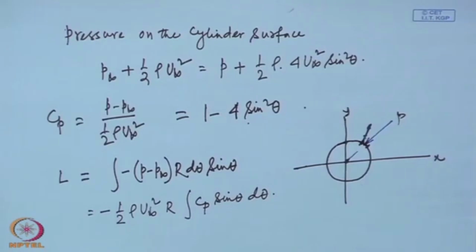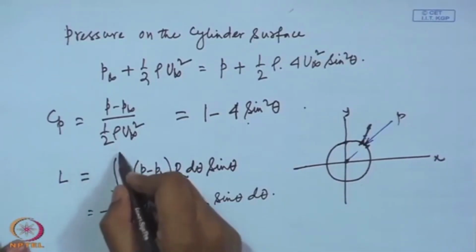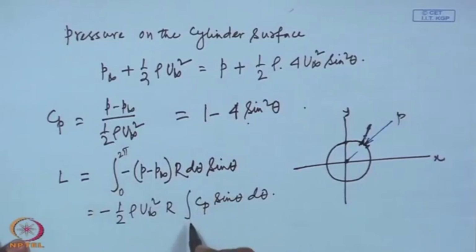Now, this C p you can integrate and see that it is 0. Integration is from 0 to 2 pi.